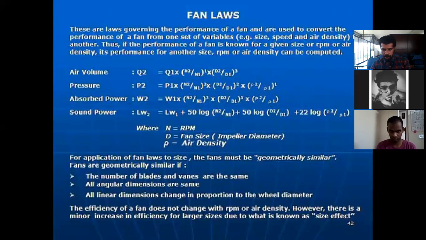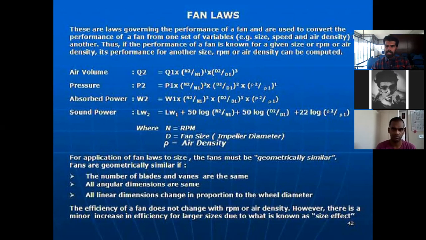Fan laws are used for fan balancing. It is used for comparing the property of one fan with another fan. And if you need to compare both, you have to keep in mind that both the fans should be geometrically similar. Geometrically similar in the sense the number of blades and vanes should be the same, angular dimensions should be the same, and the linear dimensions change in proportion to the wheel diameter.